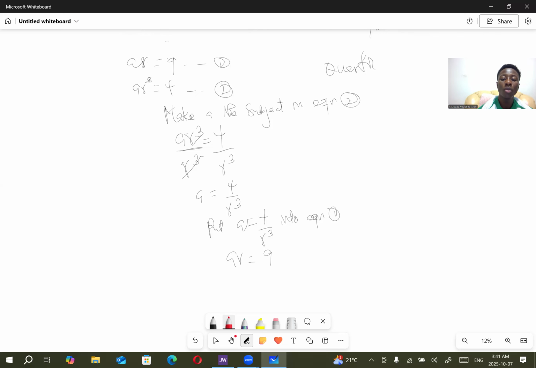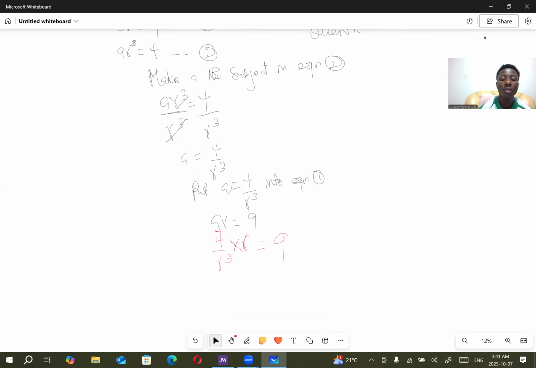Wherever you see A, you put 4 over R cube. Now it's AR, so times R. AR equals 9. Then R will cancel one of the R's here, so you'll be left with R squared.